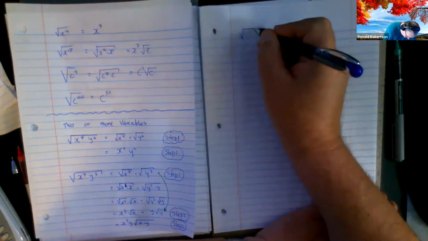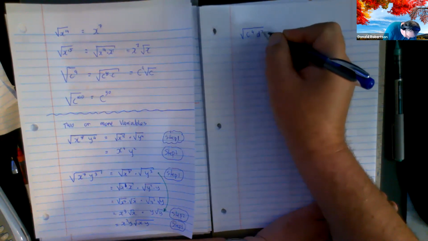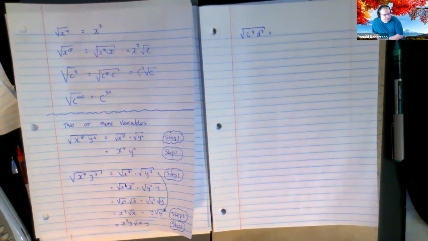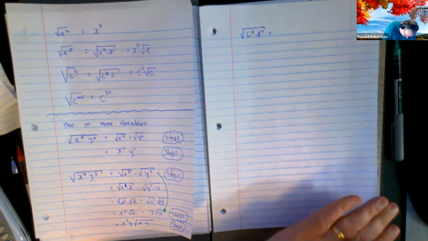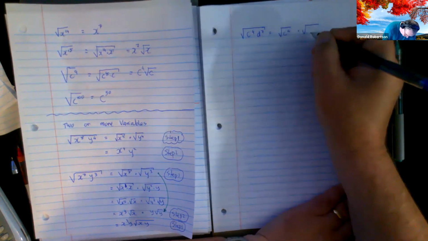Try another one. Suppose I want to simplify the square root of c to the 4, d to the 7. Then my step 1 is pretty much guaranteed, right?